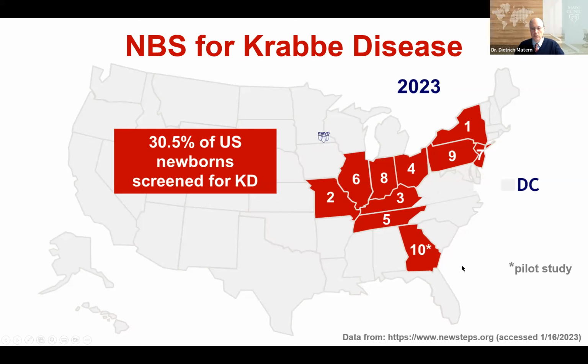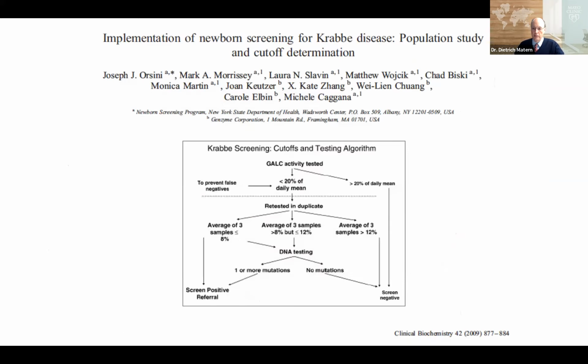Overall, these 10 states cover a third of the 3.7 million babies screened in the US every year. So newborn screening for Krabbe disease is here. I think for equity purposes, it would be appropriate if the other states were getting on this path as well.